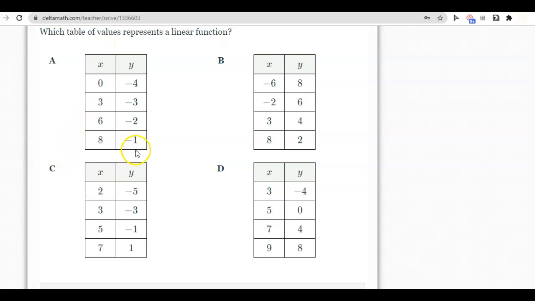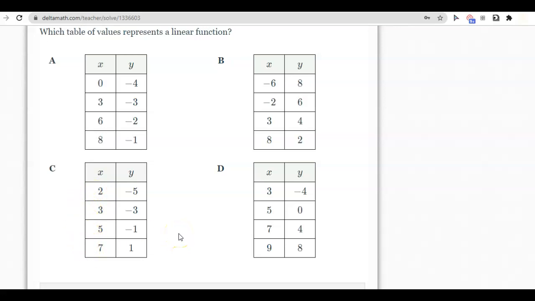Let's check C. Let's see if I have some kind of constant interval here. It looks like I'm going +2, +2, +2. So that's looking good. But remember, it's not just one side. The proportion is what matters because that's slope. It's the proportion of rise over run. So here it's +1, but then it goes +2, +2.